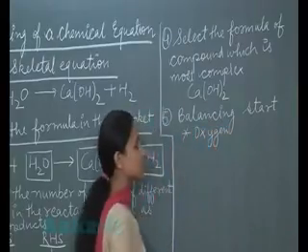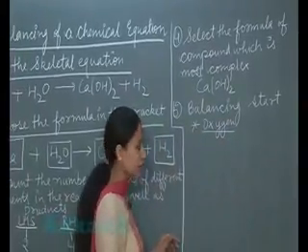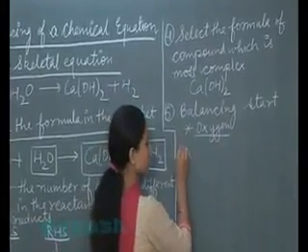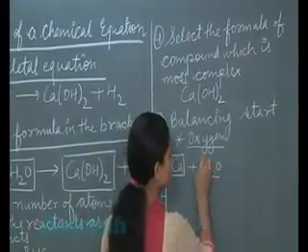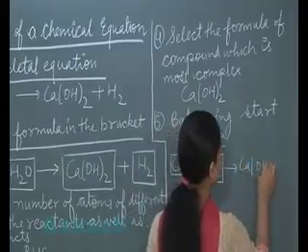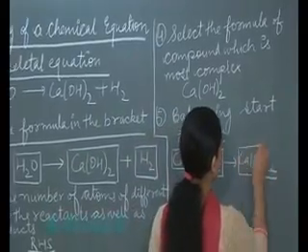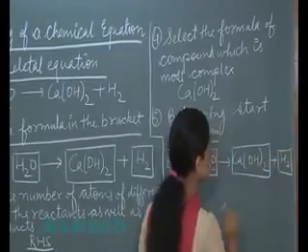Now students, when we start the balancing with oxygen, let us first of all write down the skeletal equation again. The skeletal equation we have calcium enclosed in brackets. We put water also in the brackets. It gives you calcium hydroxide and hydrogen gas is evolved. Now students, we need to balance.